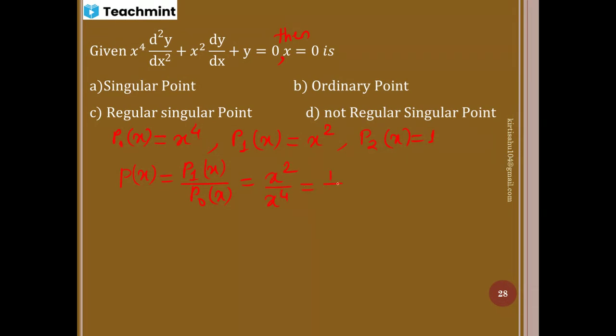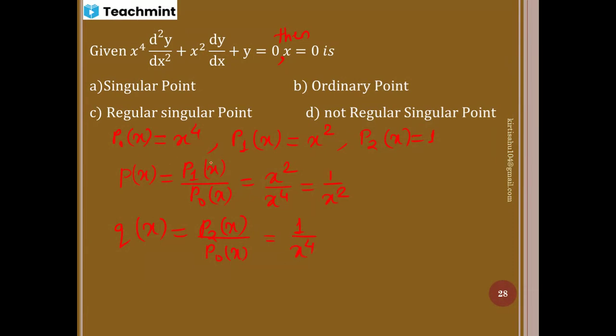So this comes out to be 1 by x square. Similarly, q of x we will find out. So q of x is nothing but p2 of x upon p0 of x, which is 1 upon x to the power 4.